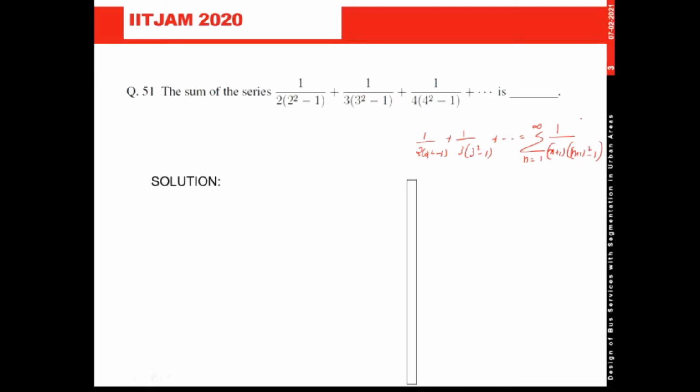We know that a square minus b square is a plus b into a minus b. So you can rewrite n plus 1 whole square minus 1 as n plus 1 minus 1, that is n, and n plus 1 plus 1. So you can rewrite this.